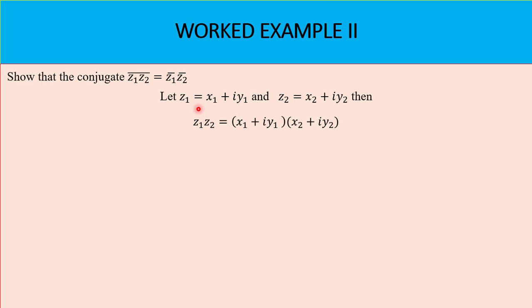So if we let z1 equal x1 plus iy1 and z2 equal x2 plus iy2, then z1 times z2 is equal to x1 plus iy1 into x2 plus iy2. This is done by substituting the value of z1 and z2. Then the next step, we open the brackets here, because we earlier saw how to open the bracket if you have two complex numbers multiplied together.